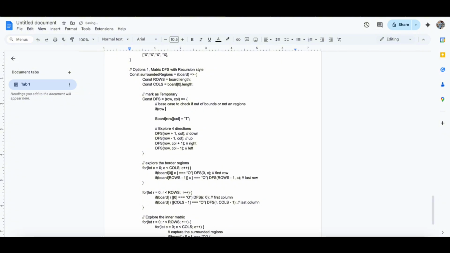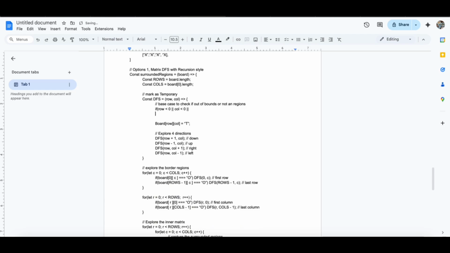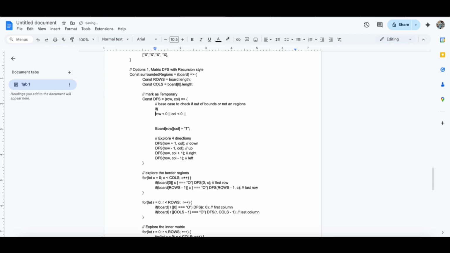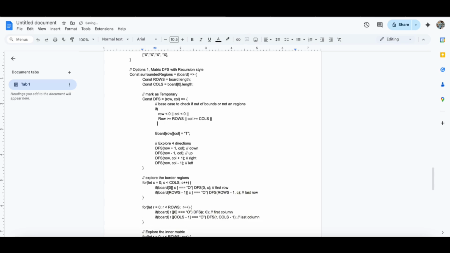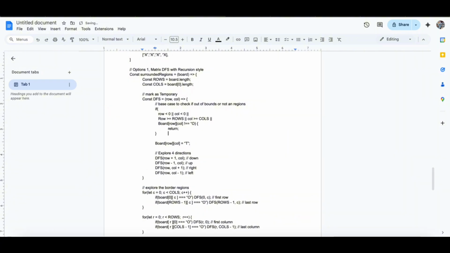So if row is smaller than 0 or call is smaller than 0 or row is bigger or equal to rows or call bigger or equal to calls, or both row and column is not a region, we just need to return.